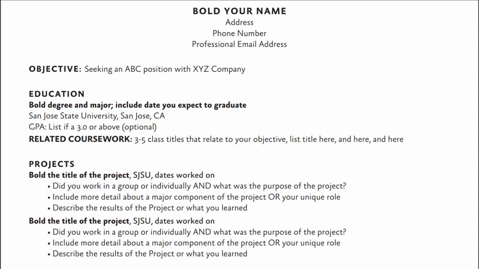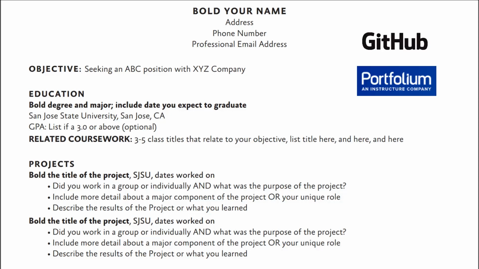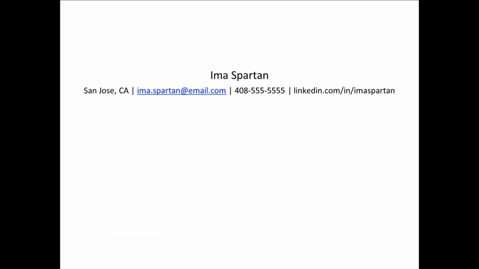Also, if you have other social media accounts that represent who you are or what you do professionally, such as GitHub or Portfolium, you can include those URLs as well. All of that contact information would take up a lot of space on the page if you listed each on its own line. So feel free to list all of these on one line, separated by a vertical line or a dot.